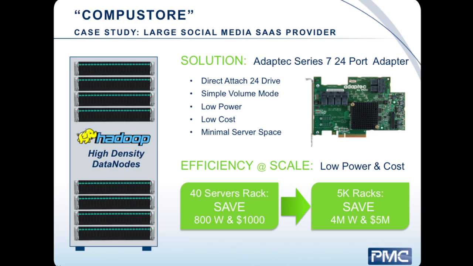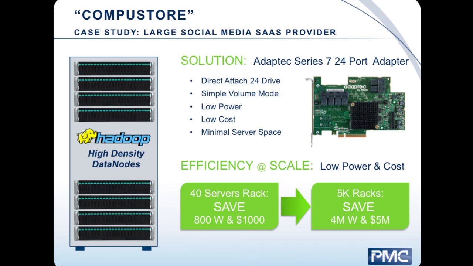And when we look at the impact at scale in terms of efficiency, just looking either within one rack or over 5,000 racks, the impact on power and capital equipment investment gets very dramatic in terms of savings when we start looking at 5,000 racks, for example.